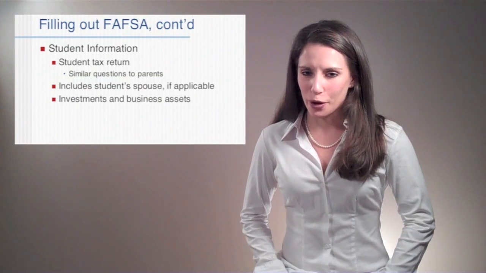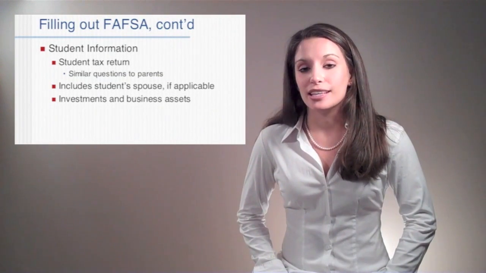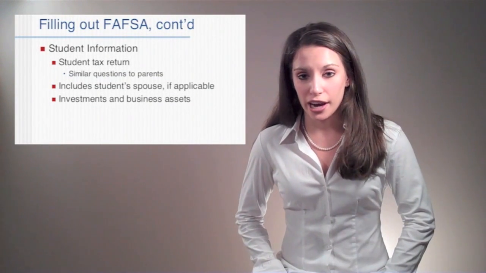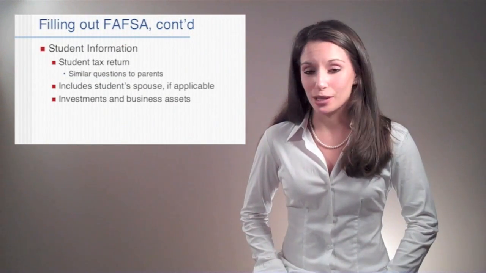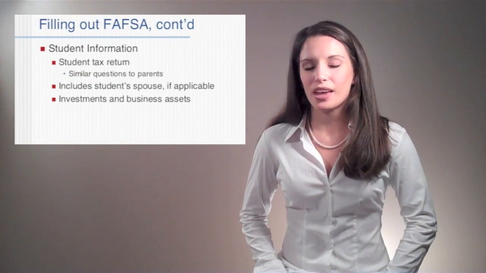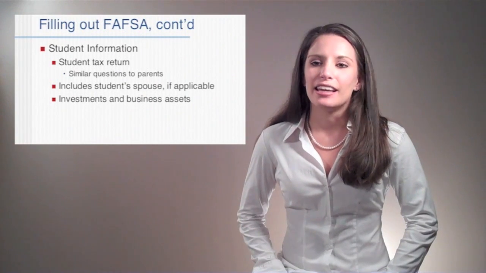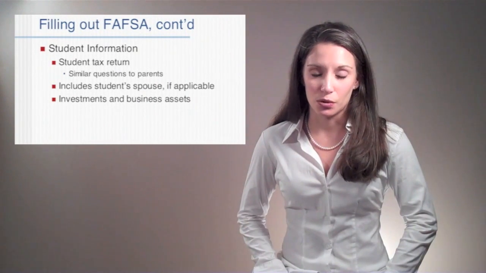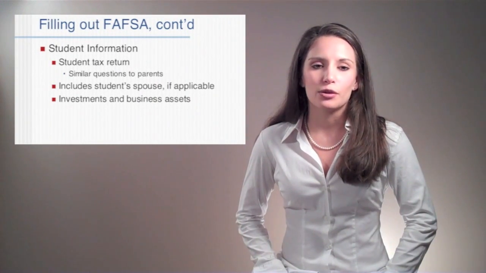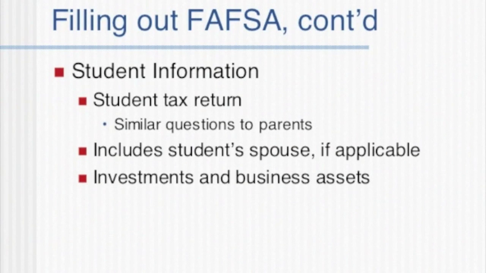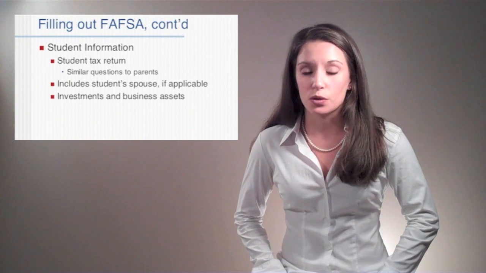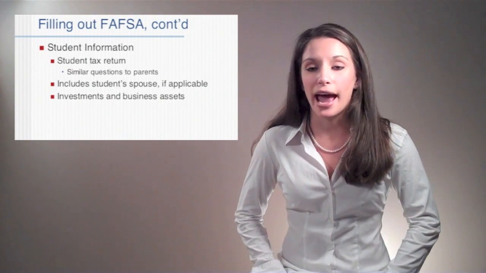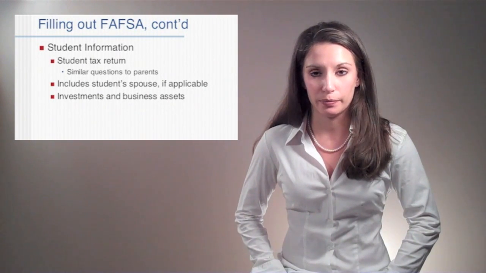Probably not applicable for undergrad, but seeing as FAFSA is every single year of higher education, the student may very well have a spouse when they get to grad school, law school, med school, business school. It'll also ask about any investments in business assets that the student has, including those college trust funds that you may have for your student. Whether they be the tax-protected ones or some other form, they're going to be asked about when filling out FAFSA.